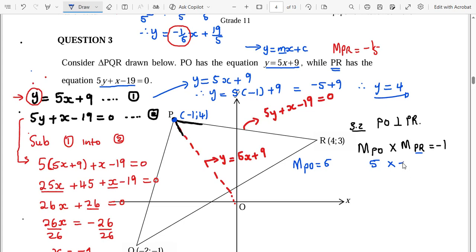So this will be times minus 1 over 5. When you multiply this, they give us minus 1, right? So the product of the two gradients is minus 1. Therefore, we can conclude and say PR is perpendicular to PO. Then you'll definitely get all the marks. That's how easy 3.2 is.